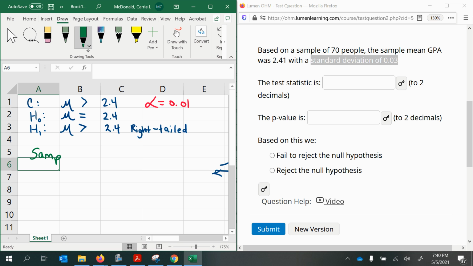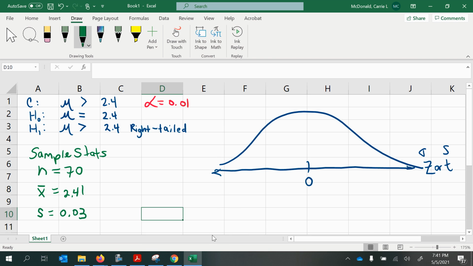So the sample stats are an n of 70, a sample mean, x bar, of 2.41, and a sample standard deviation of 0.03. All right, now we have all the information we need from the problem, and we can start constructing our sketch here to represent our test.